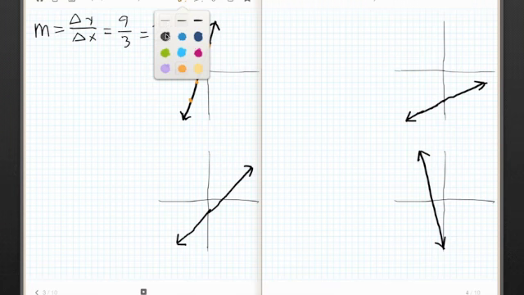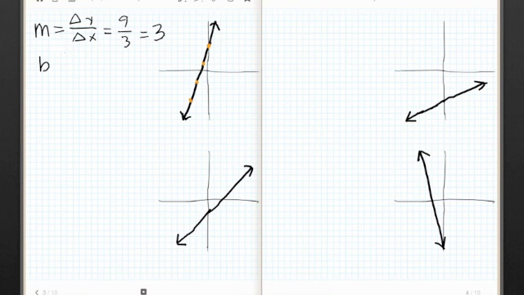So you can pick any 2 points on the line to determine slope. And the y-intercept is this point right here, so that's a y-coordinate of 4. So the y-intercept is 4, and the equation y equals mx plus b will be y equals 3x plus 4.